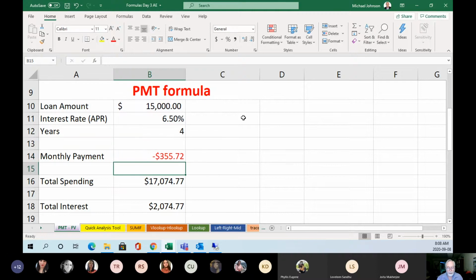And that tells me that it's $355.72. So without a down payment, if I simply borrowed $15,000 at 6.5% per year, at 4 years, it would actually be $355.72 per month. That's how much I'd have to pay in order to pay it off, plus the interest.